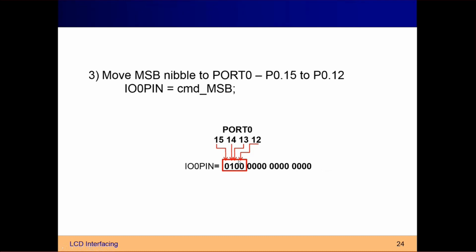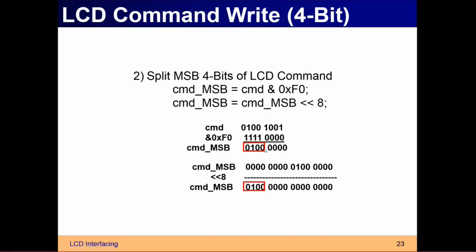So instead of sending the data to P0.12, 13, 14, 15, you will be sending it to 4, 5, 6, 7. And 4, 5, 6 you have used for RS, R bar W and enable. To those pins you will be writing the data.